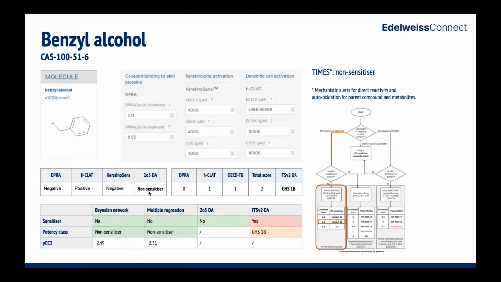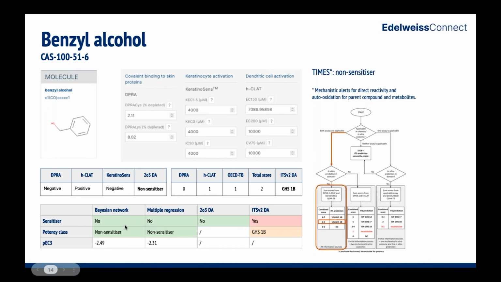So following the 2 out of 3 defined approach, benzyl alcohol was classified as non-sensitizer. However, the total score contribution using ITS V2 was 2, which makes benzyl alcohol under UNGHS 1B, that is weak sensitizer.